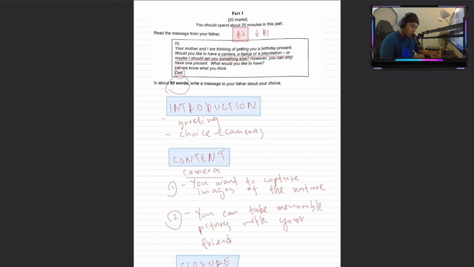For example, in the introduction you have simple and then compound, and in the content part you have some compound and some complex sentences. You're going to be fine. Usually students can get around 16-17 marks for this part, and I really hope you can do well in this question. I believe that's all for now.